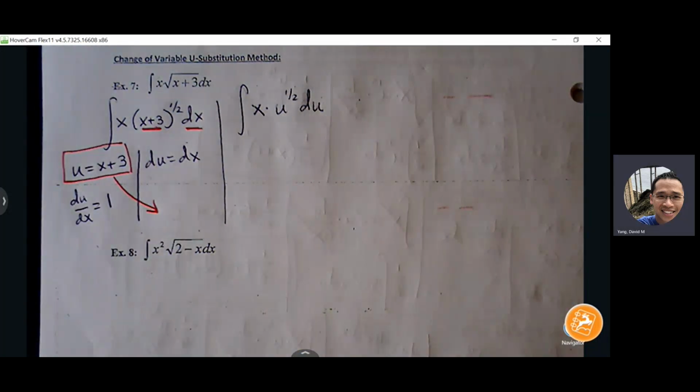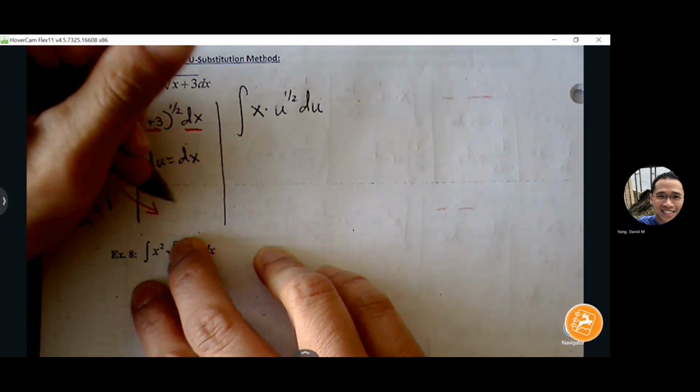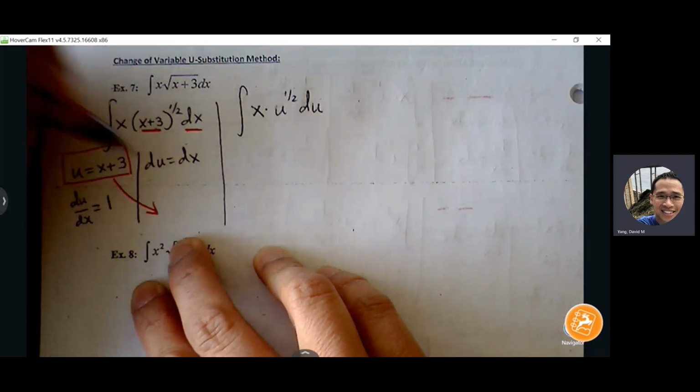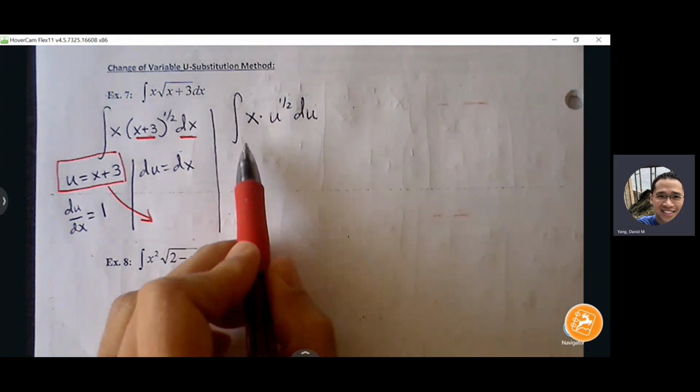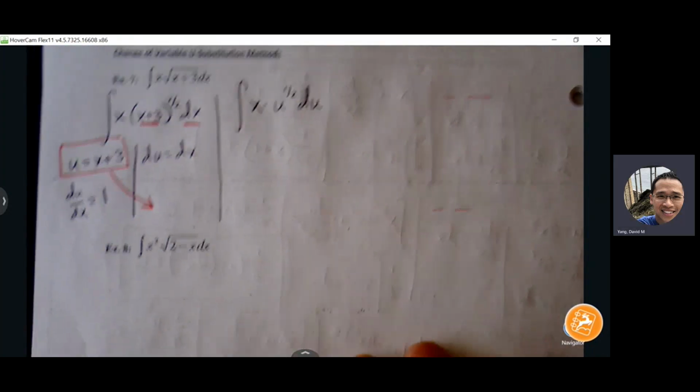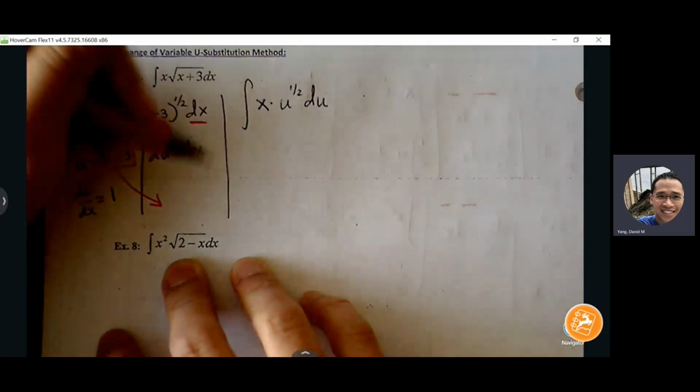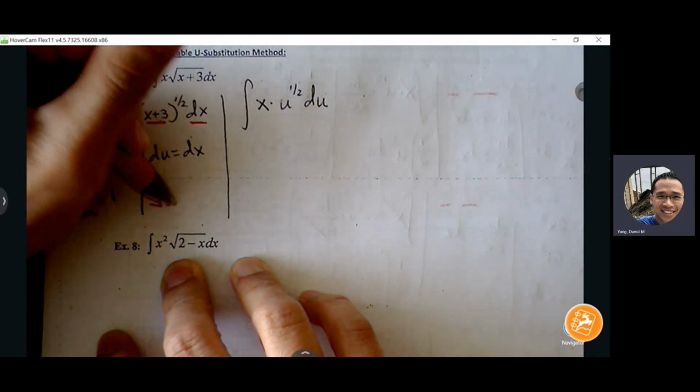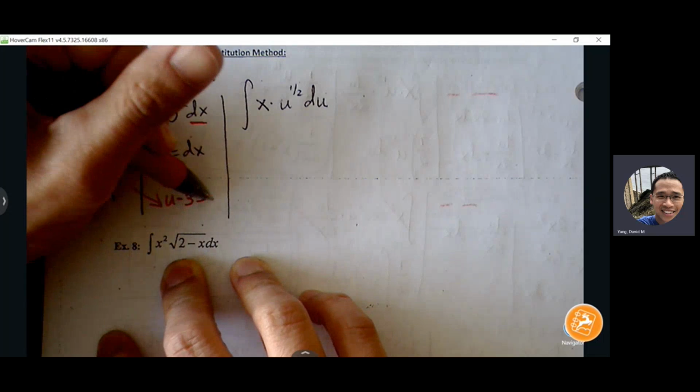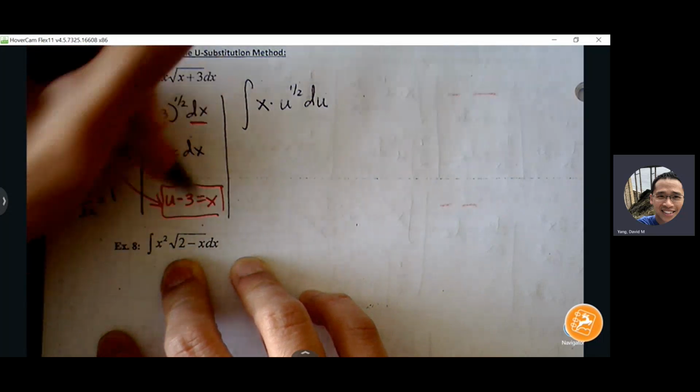If I rewrite that equation, I can say x equals what? X equals u minus 3. So this is a kind of a way to work around the variable that doesn't go away, right? We're kind of looking to see if there is something available for us to play with.